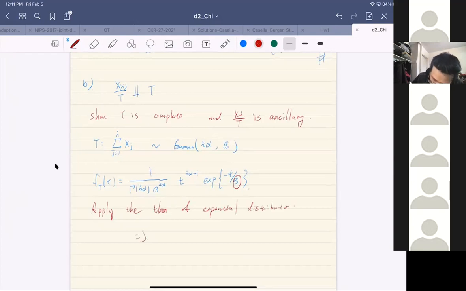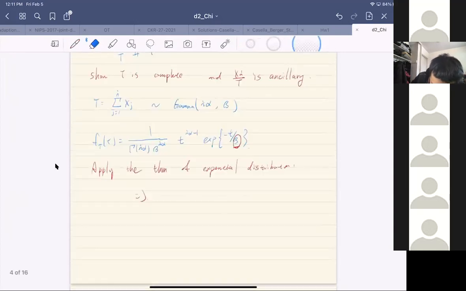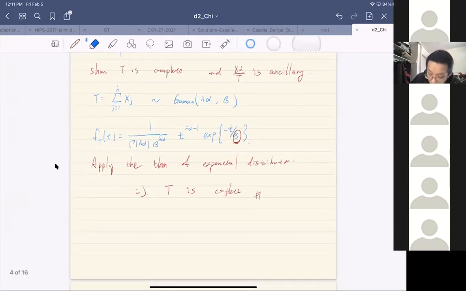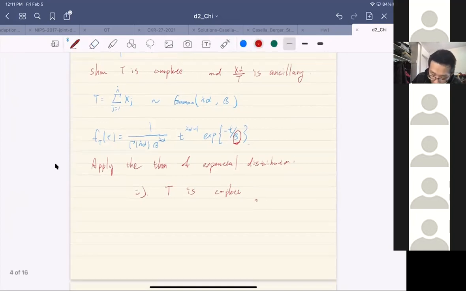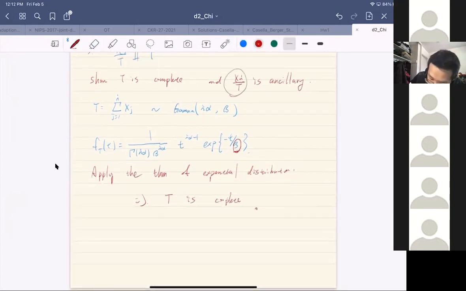Then we can show this is an exponential distribution, and the beta is absolutely full rank. So T is complete. And another part is we have to show this.